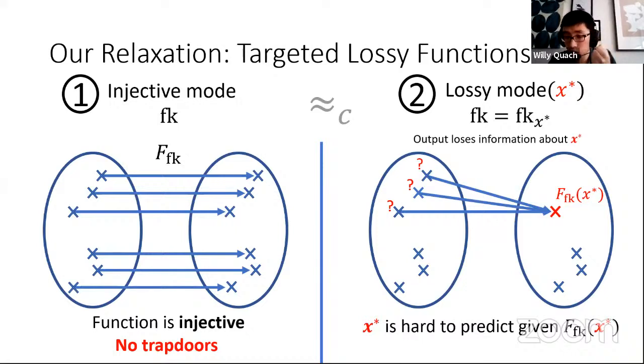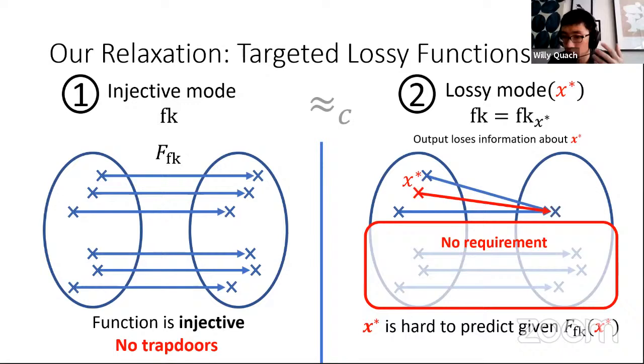The reason why this is a relaxation is that I only require this essentially over X star, and there's no requirement on the rest of the function. In particular, it could be possible that in lossy mode, the function is injective almost everywhere, apart from a few points related to X star.